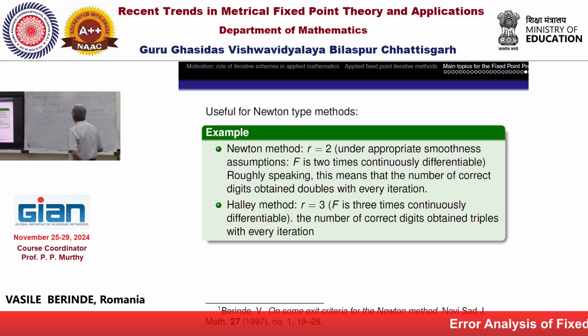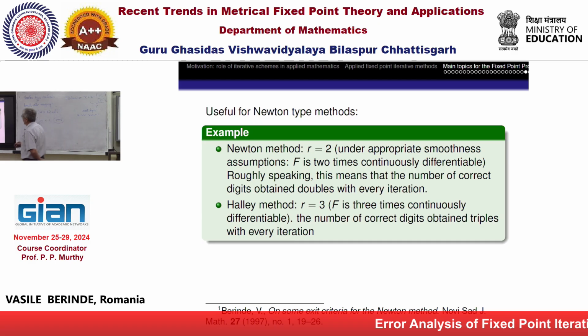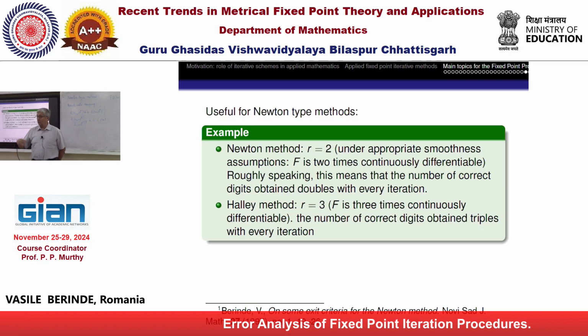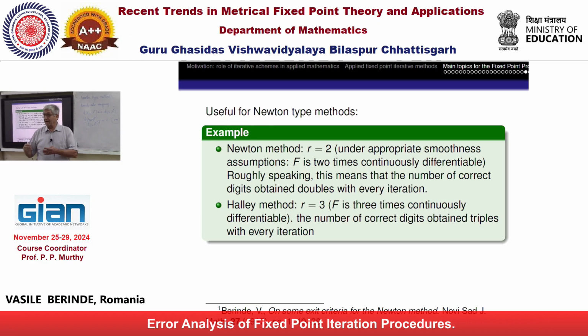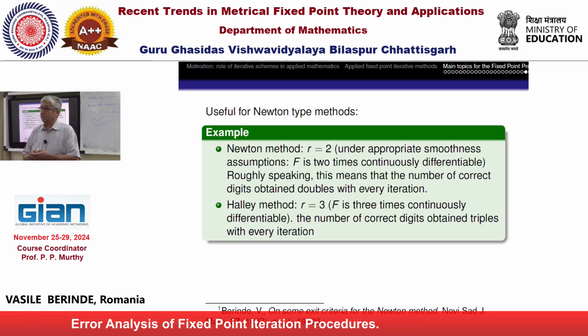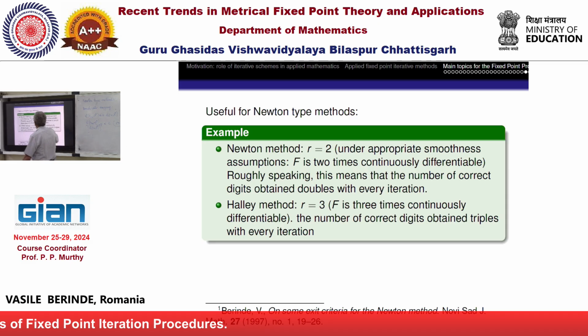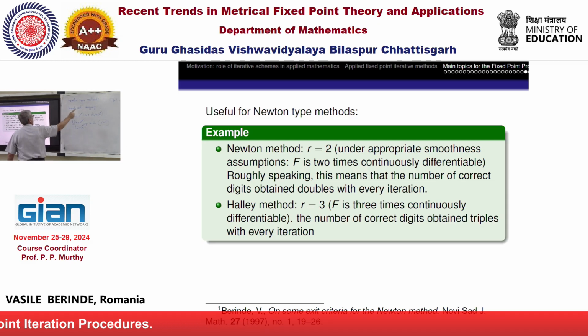Now, people are interested in getting a big rate of convergence, but all the time, to get a higher rate of convergence, we need stronger assumptions on the equation, on the function or on the operator.